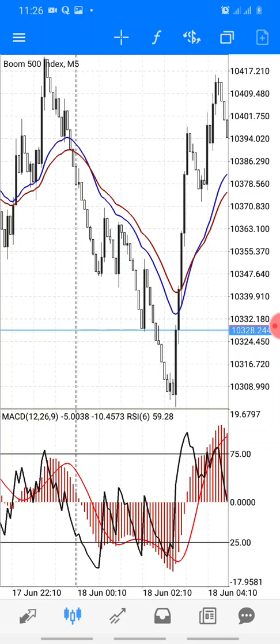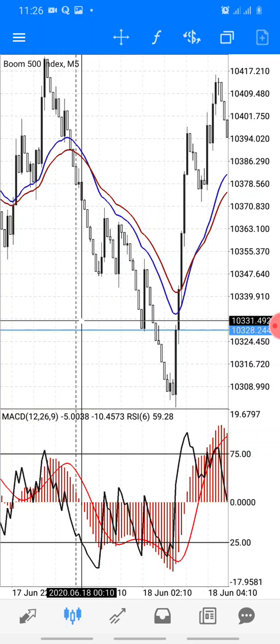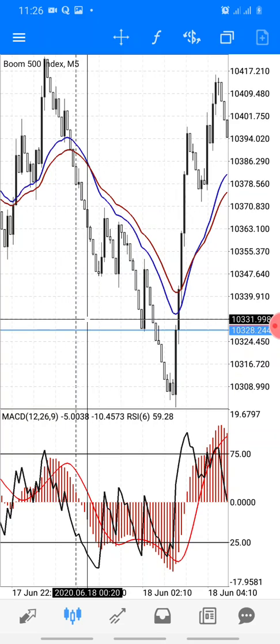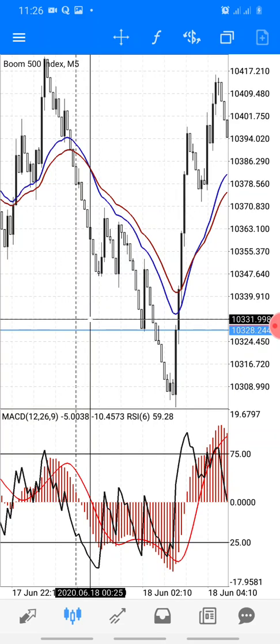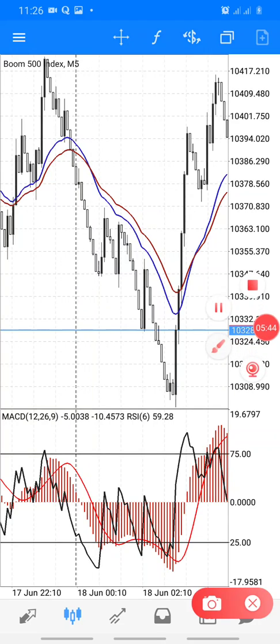First, you would notice this line here. This shows that the moving average 23 crosses the moving average 33 downward there, but our RSI crosses the MACD at this level.